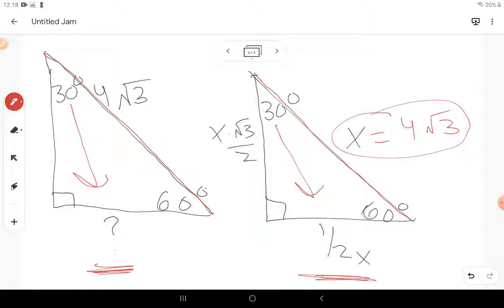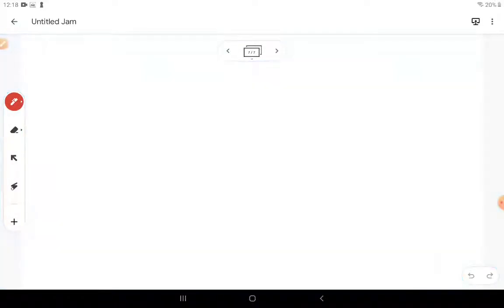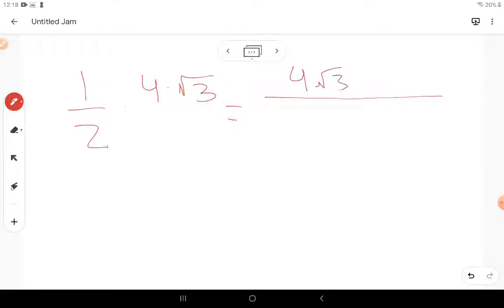But if we know that x equals 4 root 3, this side here is going to be 1/2 multiplied by 4 root 3. Let's take it over here. 1/2 multiplied by 4 root 3. All right, let's put everything in the numerator and what's on the bottom in the denominator. 1 is just the identity property, so this is just 4 root 3 over 2.